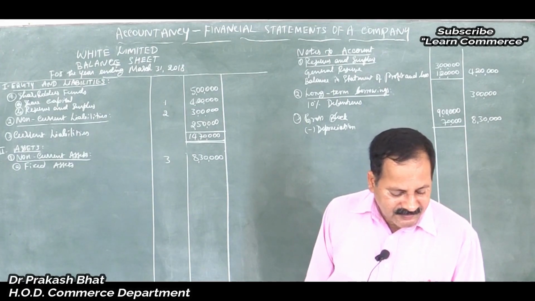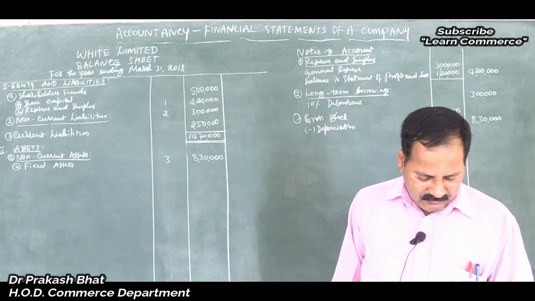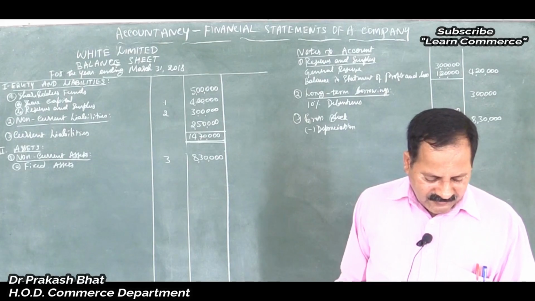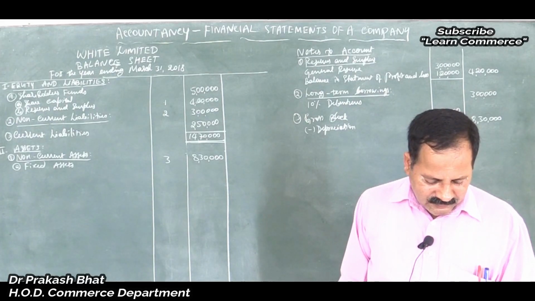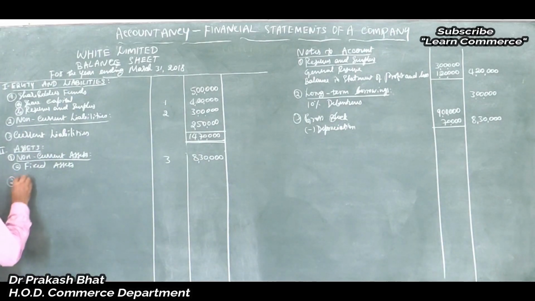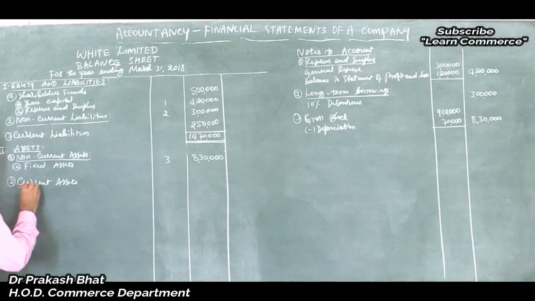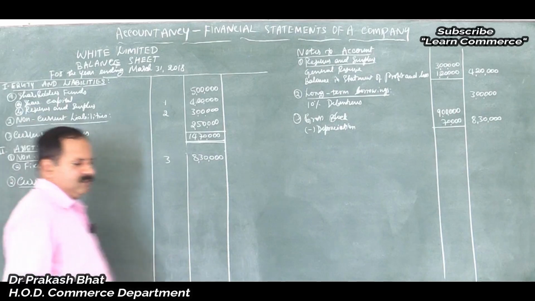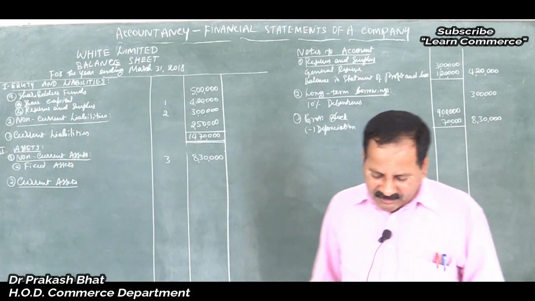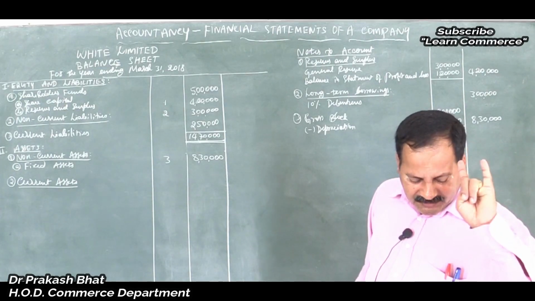Then current asset is there, isn't it? Yes, cash and cash equivalents, current assets. Under that, cash equivalents, and one more item is there, that is preliminary expenses, that is other current assets.